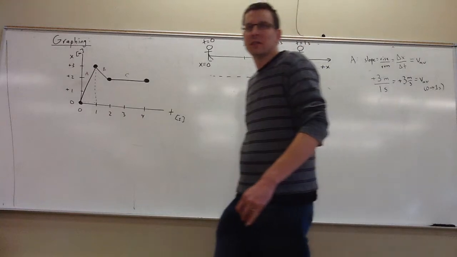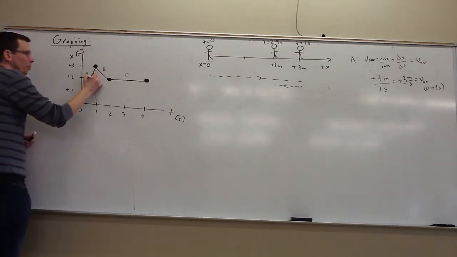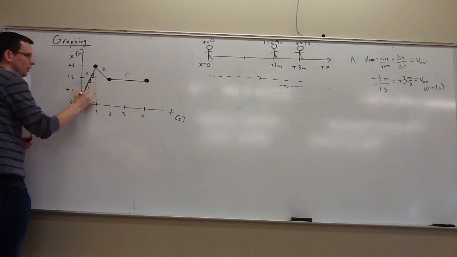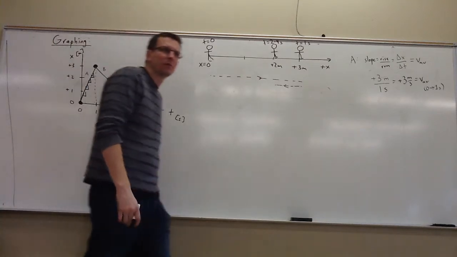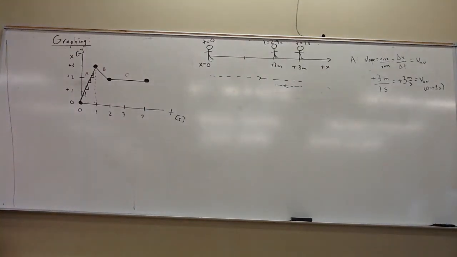But that's not all. Not only is that my average velocity, but I would like to point out that if I took the slope on any part of this, it has the same slope. So not only was my velocity on average 3 meters per second, it literally was that the whole time. Because it's a constant slope, it tells me that the instantaneous velocity is plus 3 meters per second for that whole time segment.